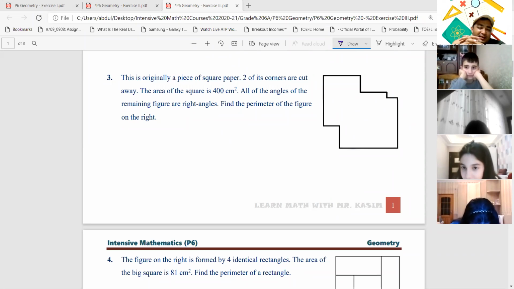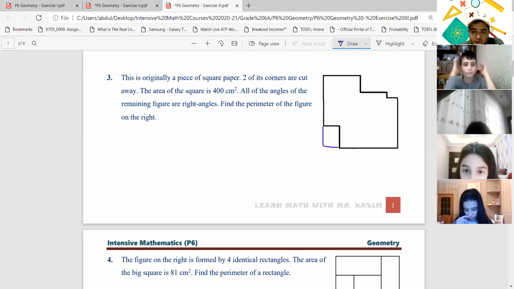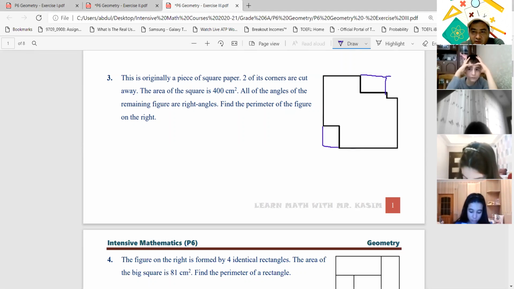Suppose that in your hand, there's a piece of paper in square shape. And you are just cutting these corners. For example, this part, you just cut it off. And also with the scissors, you can just cut this off, and also cut off this part, okay? Originally, before you cut off, it was a square. Oh, okay, so now this is originally. That's why it's saying that originally means before you cut off the corners.